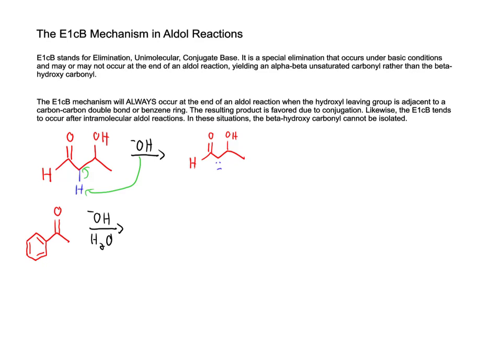Once that enolate is formed, it is then going to kick off the OH and form a double bond between the alpha and beta carbons. That will leave us with an alpha-beta unsaturated carbonyl right here.